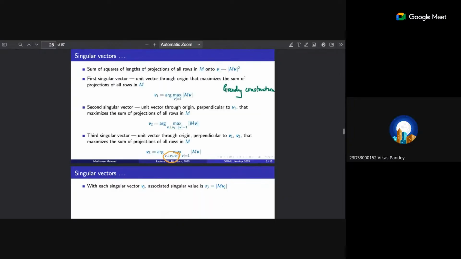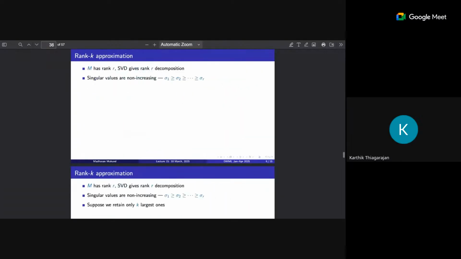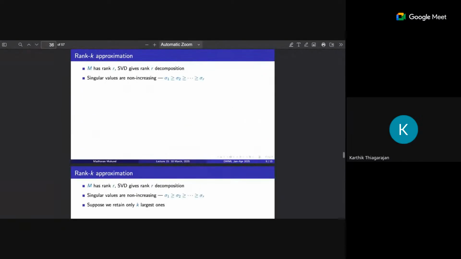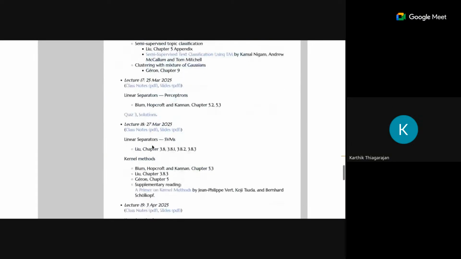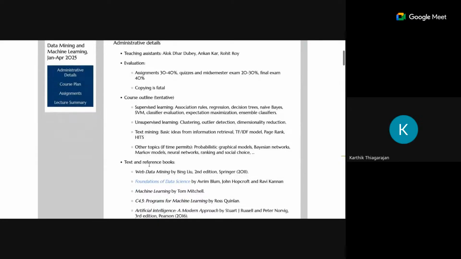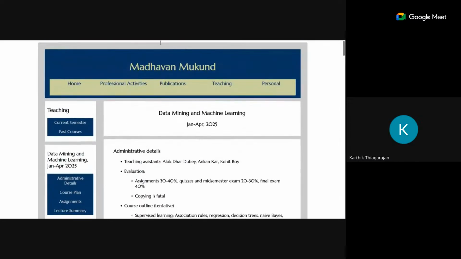If I recall correctly, he follows this textbook. In the course outline references, Foundations of Data Science by Blum, Hopcroft, Kannan, he follows this to some extent, but not entirely.